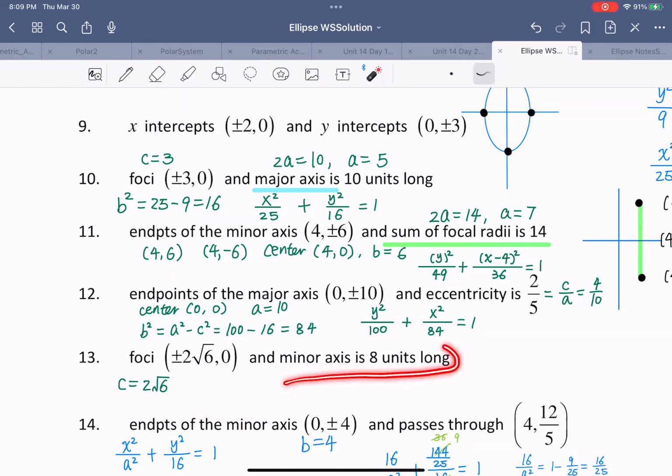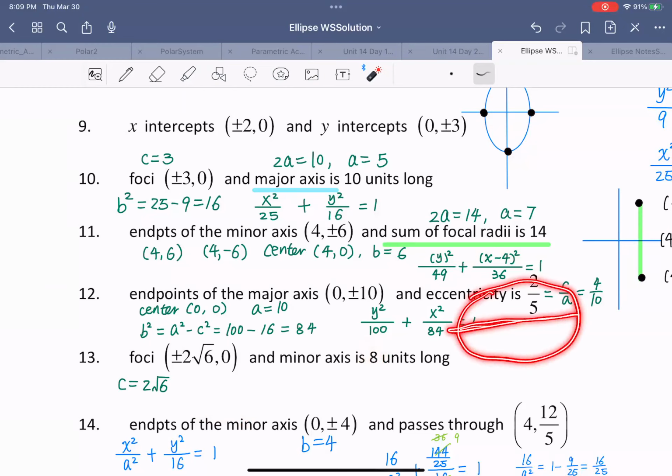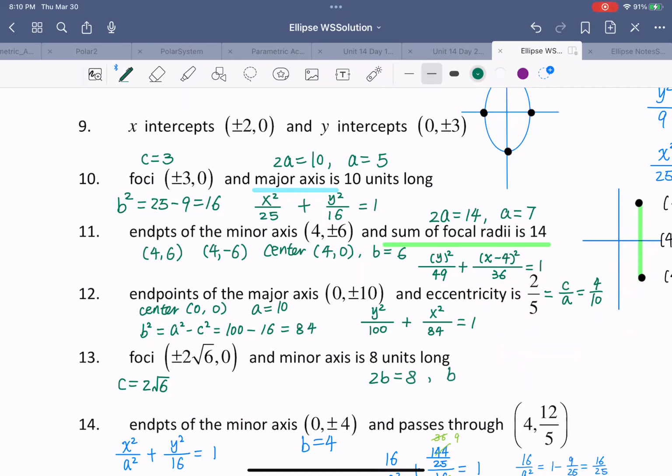And then this minor axis, how much is 8? If you draw the ellipse, that is your major axis, which is 2A. This is your minor axis, which is 2B. So 2B equals 8, so B equals 4.